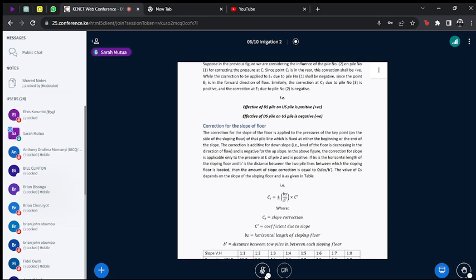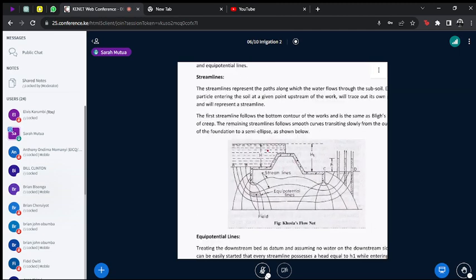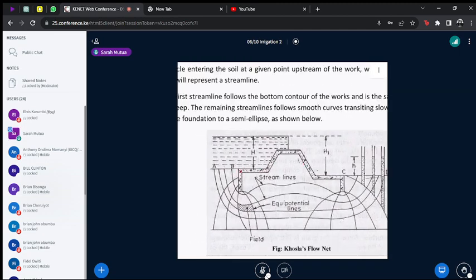Finally, is a correction for slope of flow. But still, we do not have a slope. Yeah, here we have one. So the slope of flow, this is it. So you notice how this one looks like. At this particular point, the floor or the pile itself is not even a continuous mass of concrete.